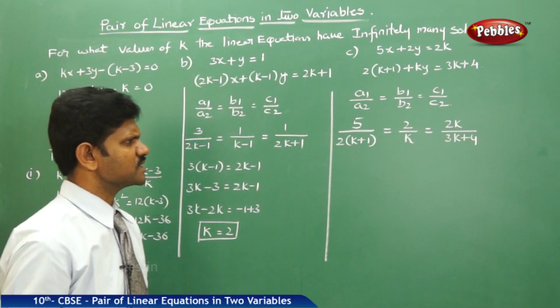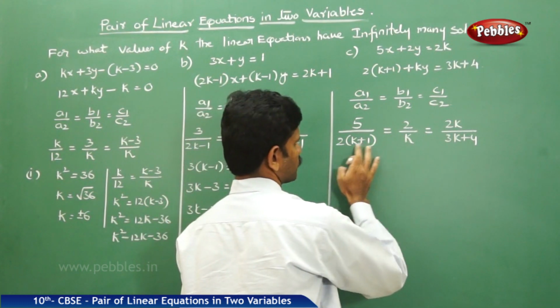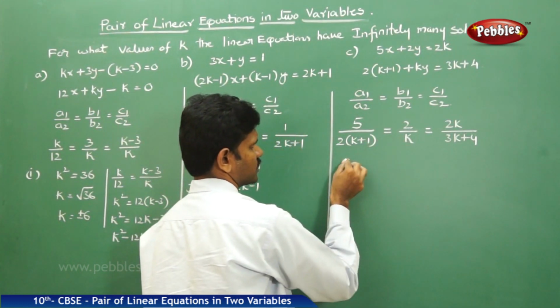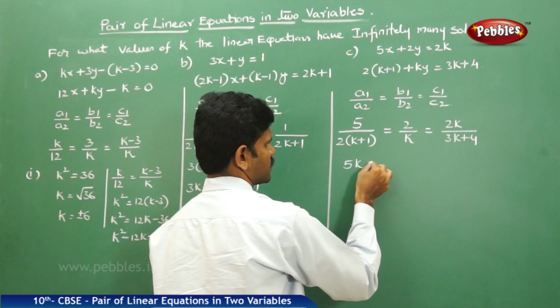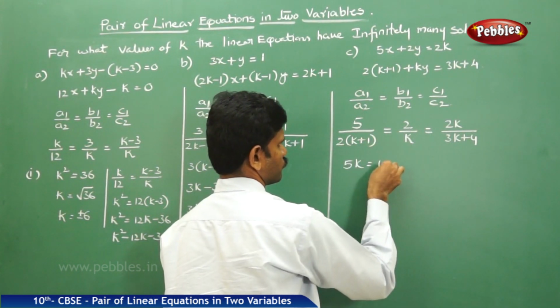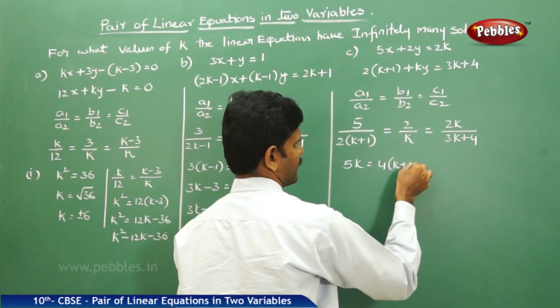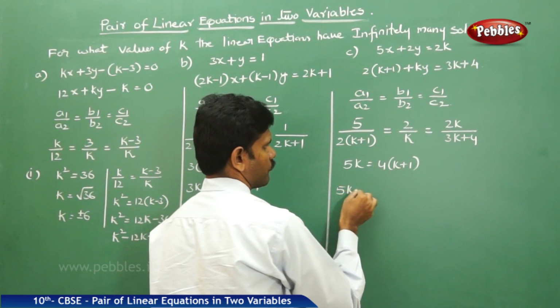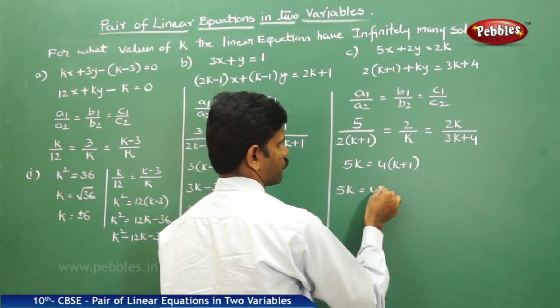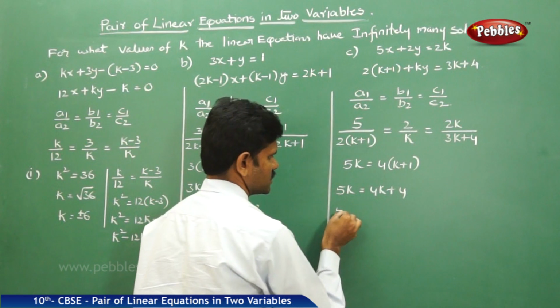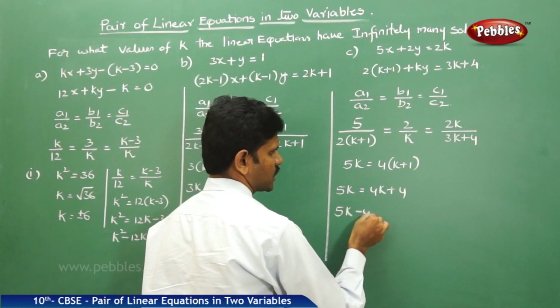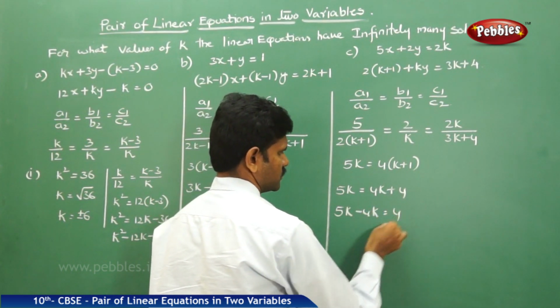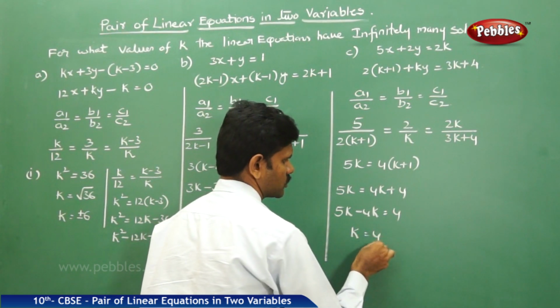Now, in this case also, I want to equate the first two, that is 5K is equal to 2 times 2, 4 times K plus 1, that is 5K is equal to 4K plus 4, that is 5K minus 4K, bringing the like terms to one side, that is K value is equal to 4.